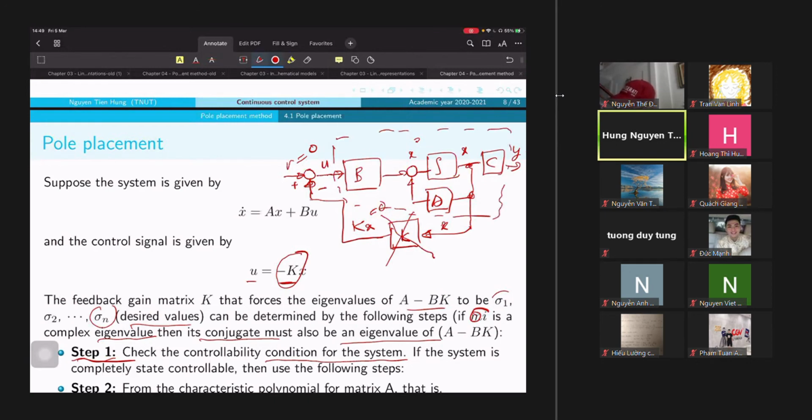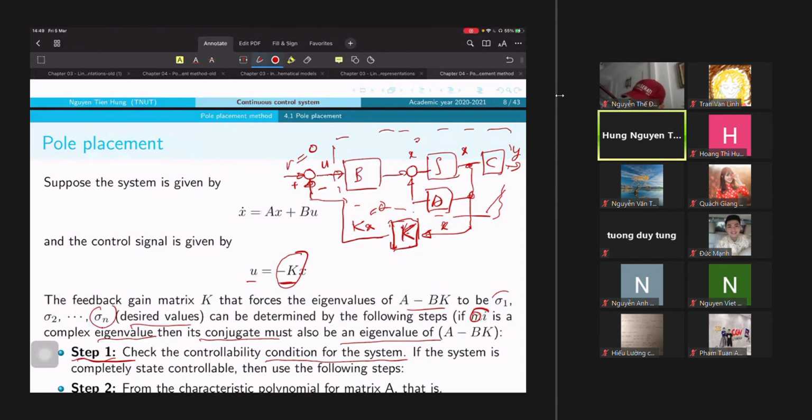So for the open loop system, in other words the system itself, you can find the characteristic equation and the poles of the system. But these are open loop poles. Now you close the system with the feedback loop, with K like this.